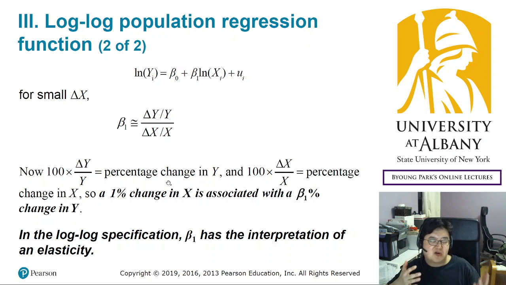In microeconomics, you learned elasticity, which was defined as the percentage change in demand or supply divided by the percentage change in price. It's the same thing here. So this is exactly the regression equation that estimates the elasticity of demand or supply. Elasticity is estimated exactly by this log-log model.